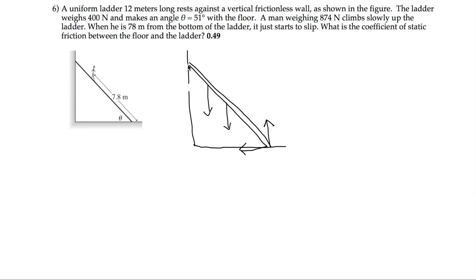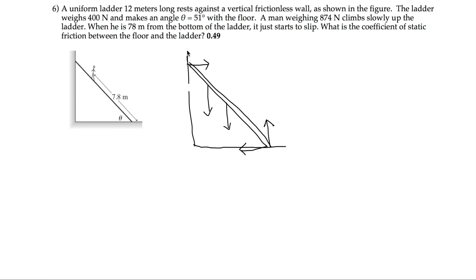With the wall here, the ladder would slip down, so we have a friction force upward. No, sorry, we don't have a friction force. It says that the wall is frictionless.